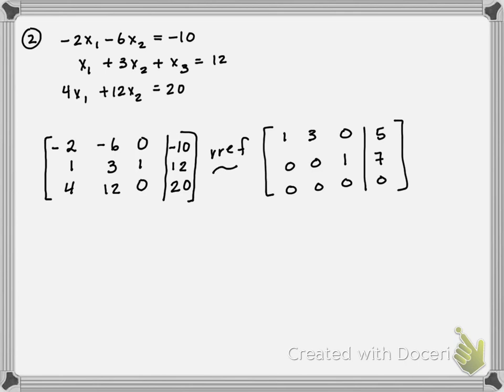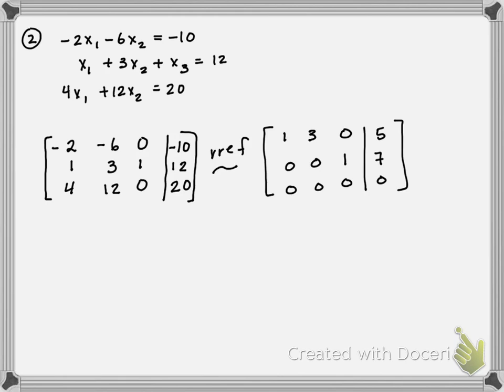All right, so this is not a unique solution. The reduced row echelon form actually puts this into two equations with three unknowns. So what we need to look for is how we would write the solution. We first identify the columns that have a pivot.